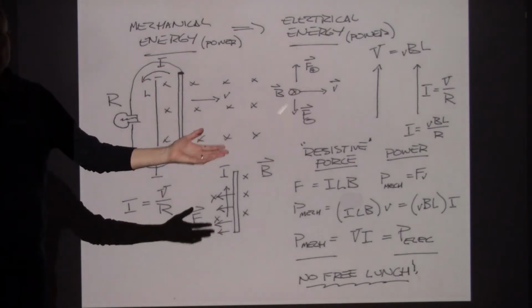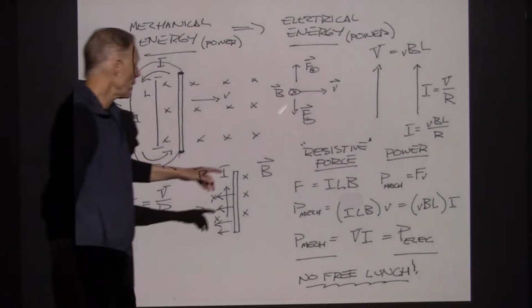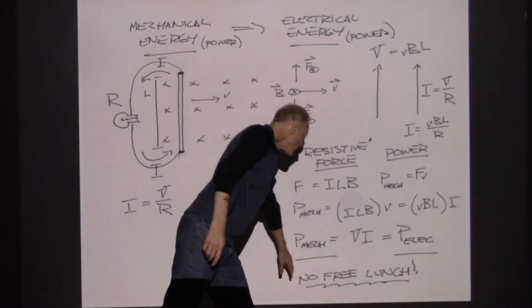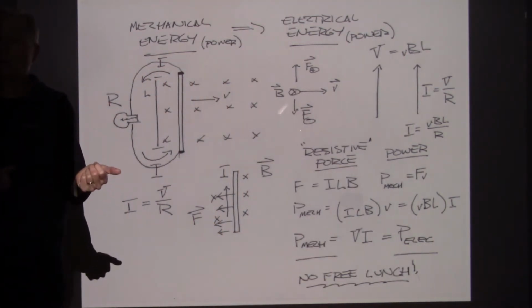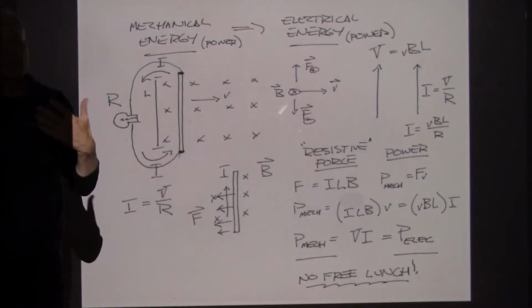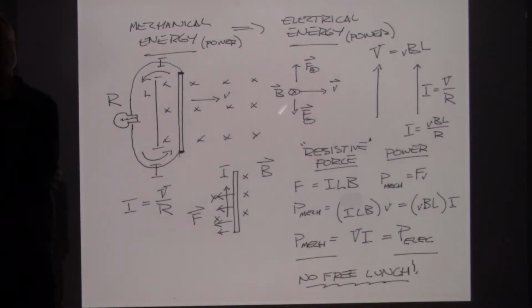Okay, so no free lunch. Energy is conserved. And so what that says is, if I'm going to get out 1,000 joules of electrical energy, I'm going to have to put in 1,000 joules of mechanical energy. I'm going to have to find some way of spinning that generator.